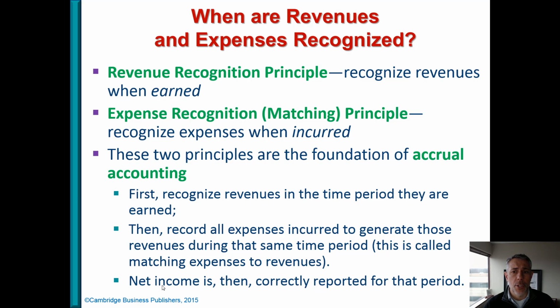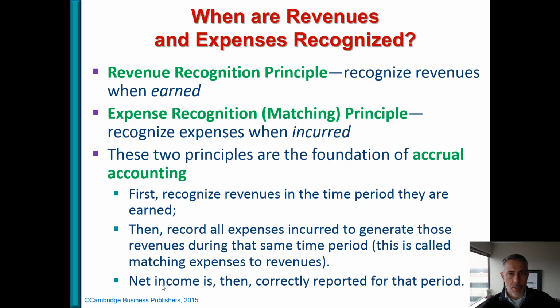And expense recognition is the matching principle. When we report an income statement, the bottom of that income statement shows net income. And in order for that net income number to mean anything, we have to record the revenues that were generated, and we have to offset them against the expenses that were incurred to generate those revenues.